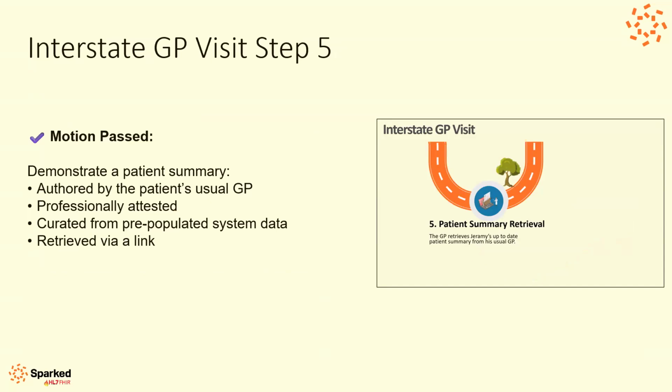We formally passed a motion that in this use case, we're going to be demonstrating a patient summary that's specifically authored by the patient's usual GP, that it's professionally attested and curated from pre-populated system data, and that it's going to be retrieved by a link. This is just going to help us illustrate how shared clinical information can flow securely and meaningfully between providers without prescribing how attestation must be defined or implemented. We had a really good discussion around this and the motion was passed with strong support.